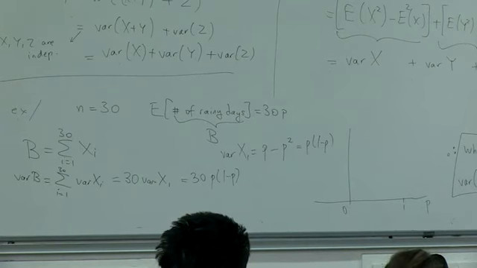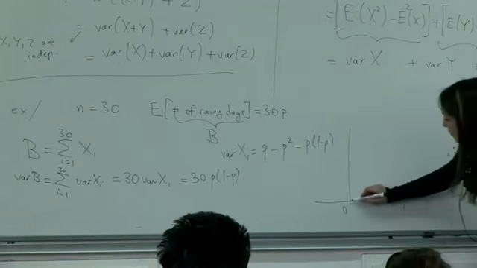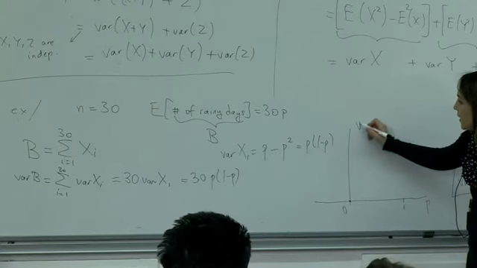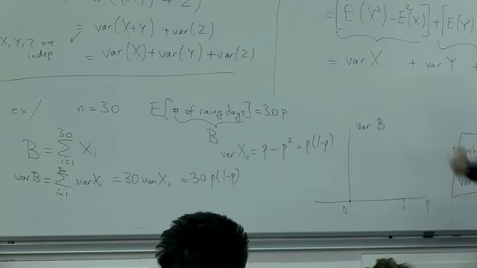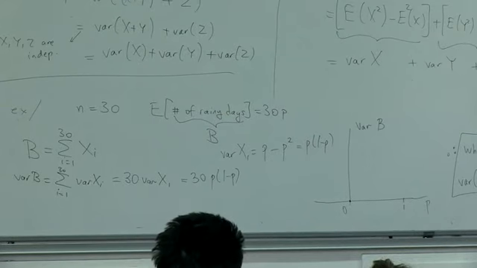So the number of rainy days is 0. What is the variance of that? 0, because it's a constant. So let's say this is the variance of the number of rainy days. How about for p equals 1? 1 means the probability of rain is 1, so the number of rainy days is equal to 30.